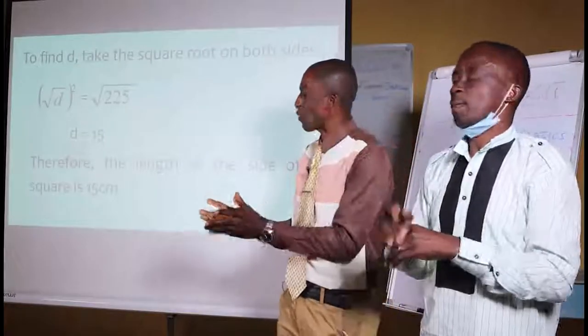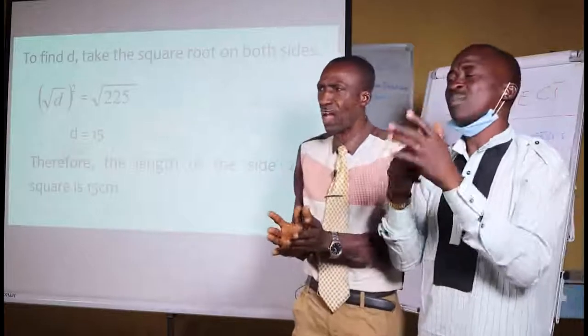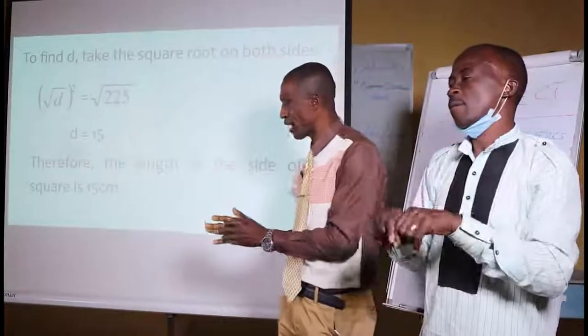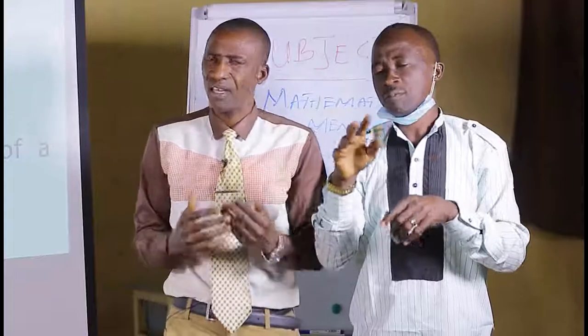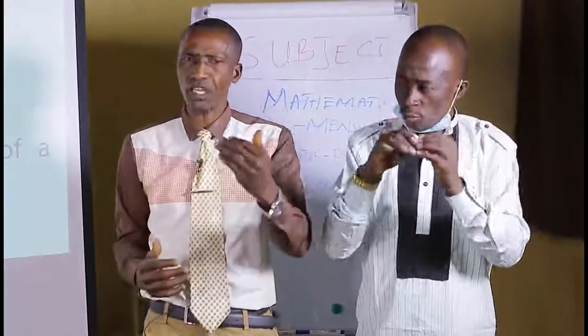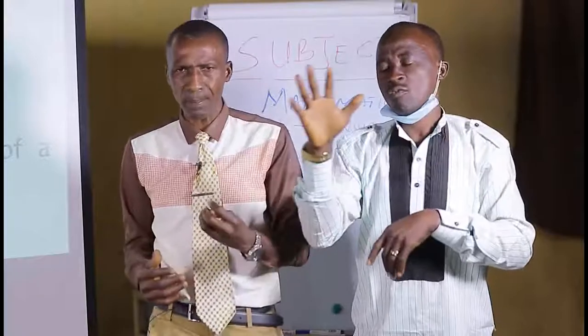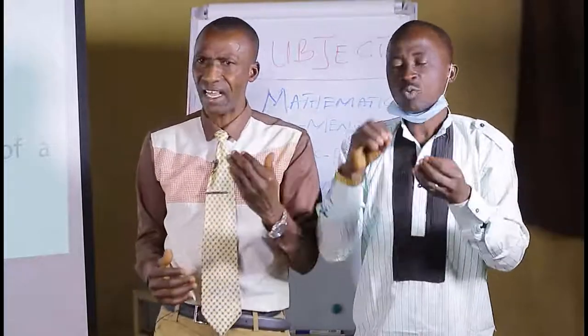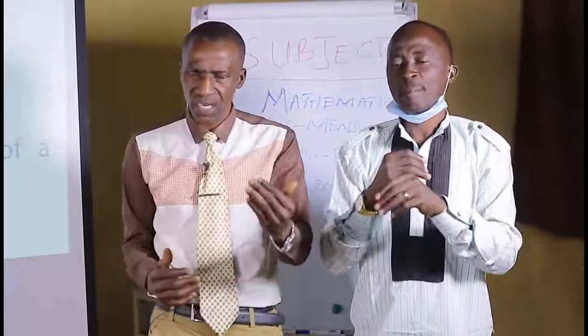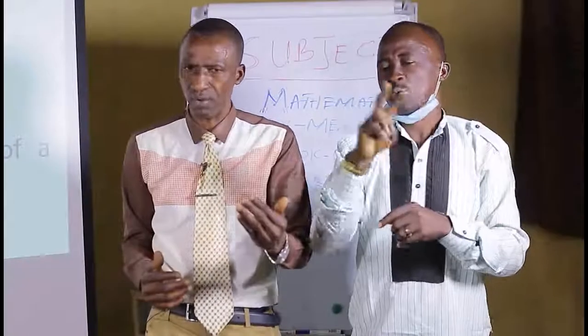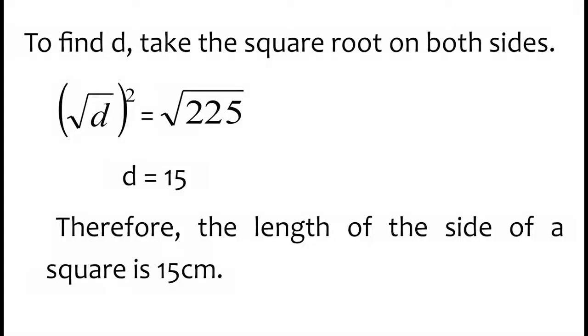What do we mean by the square root of 225? It simply means a number that can multiply itself to give you 225. Then, that number equals 15.